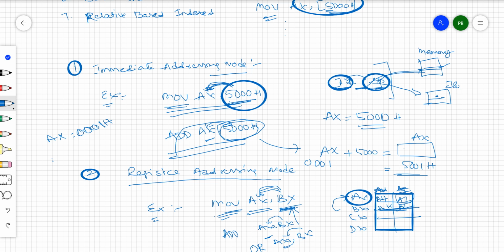In the similar way, while executing any instruction, if the processor points towards a register to get the source data, or needs to access the source register in the source place, that is called the register addressing mode. Like that, these are two addressing modes.